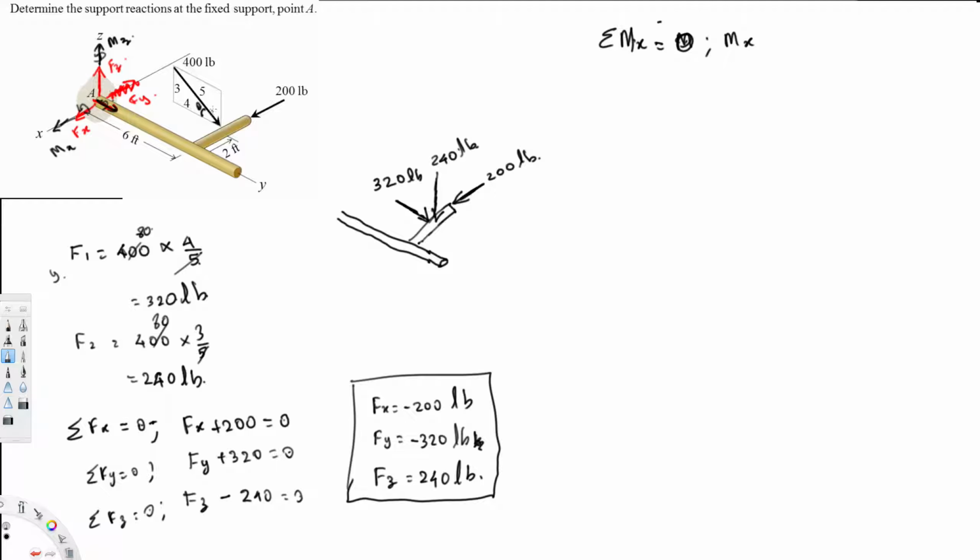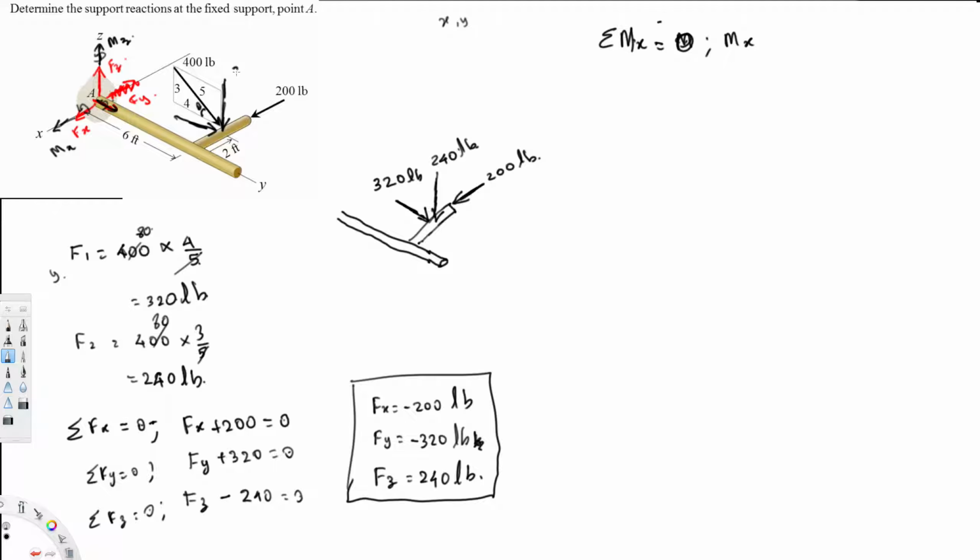If I take that one, Mx is going to be positive because I'm taking counterclockwise as positive, and the sum is 0 in statics. Then we have 240, pushing this object down, so it's clockwise. One more thing to remember: for the x and y axes, only the z-direction force is going to create moment, not the y or anything else. So let's redraw this here.